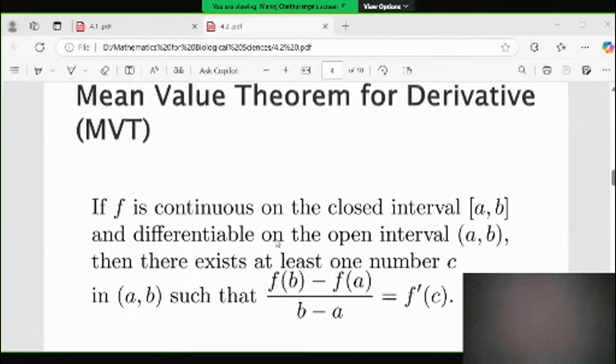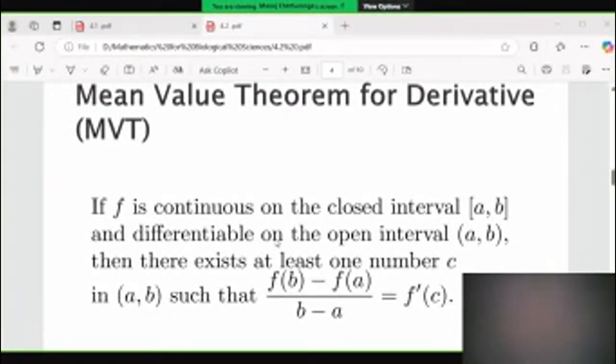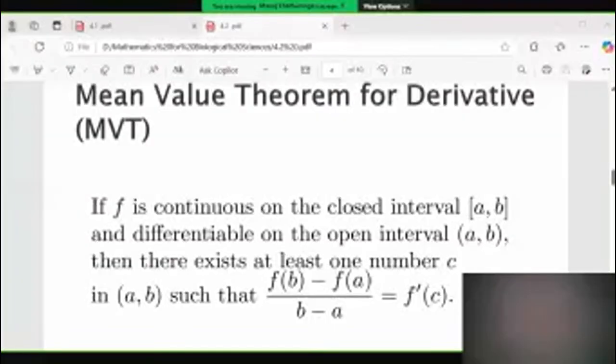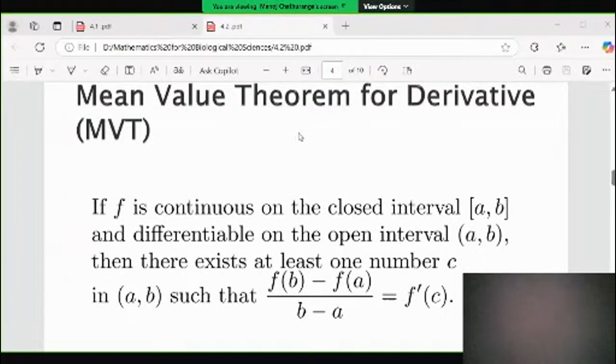So we can make it a little bit more complicated. Let's say the function values are not equal, they have different values at the endpoints a and b.